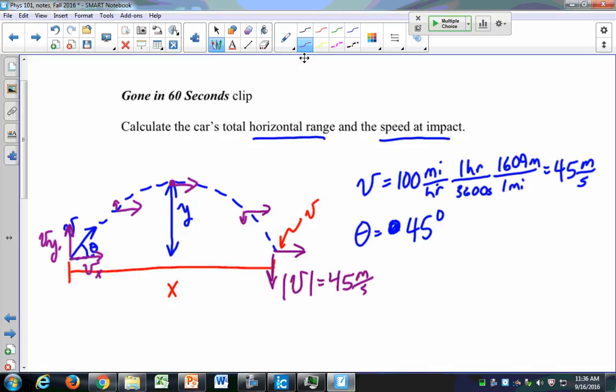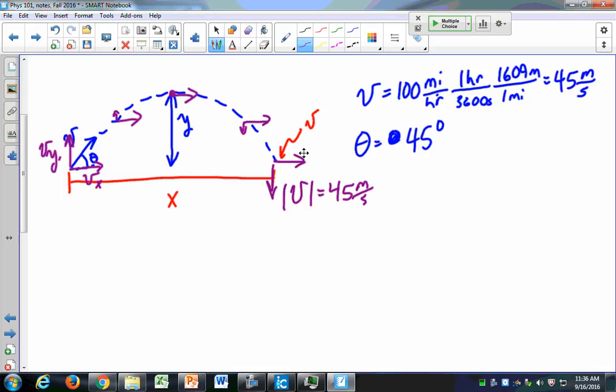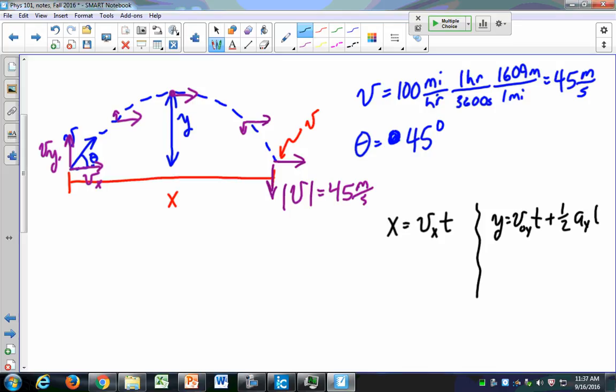So really we need to know the x range and the y range. I'm going to write our equations a little bit differently this time, because I'm going to differentiate between my x and my y motion. So x is equal to Vx times t, and then also y is equal to v naught y times t plus 1/2 ay t squared.